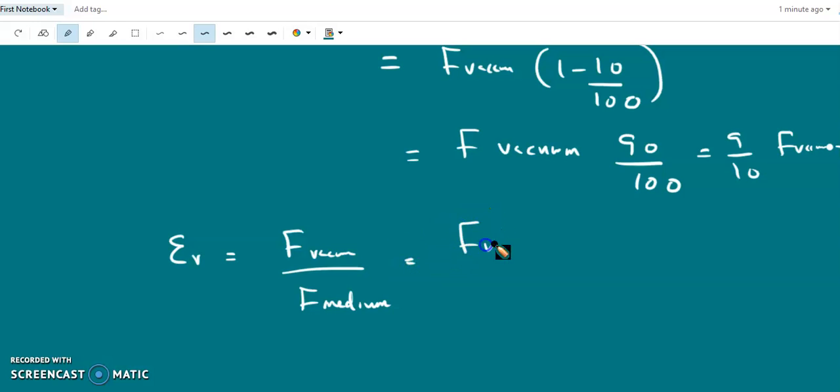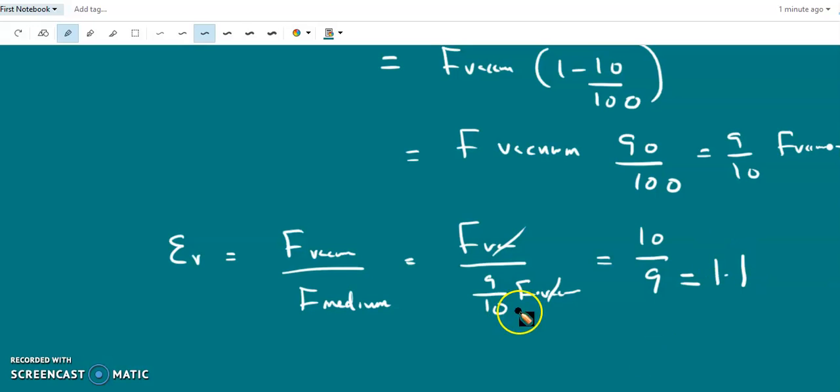So F vacuum divided by 9 by 10 into F vacuum. So this F vacuum gets cancelled. We have 10 by 9, which is 1.1. So this is the dielectric constant of the particular medium concerned. It has got no unit.